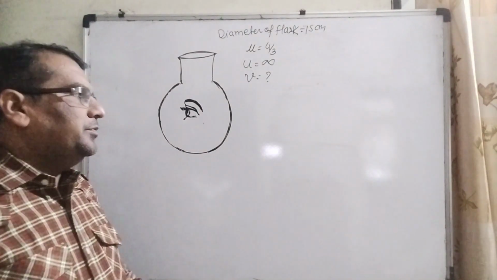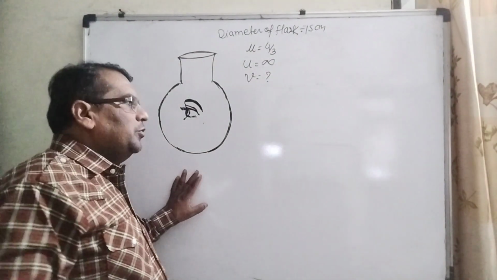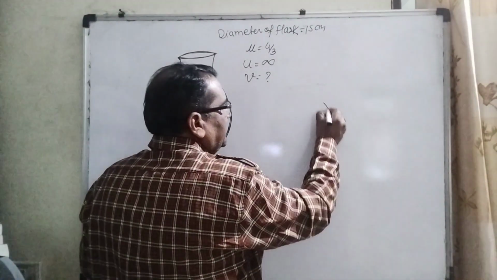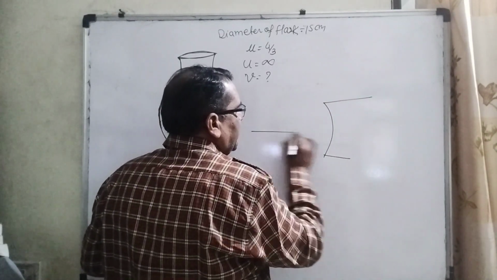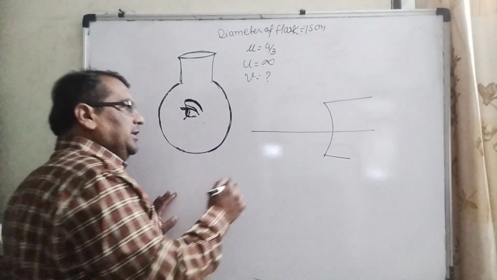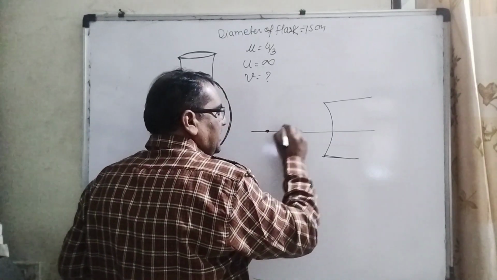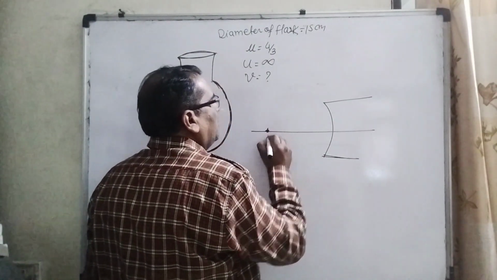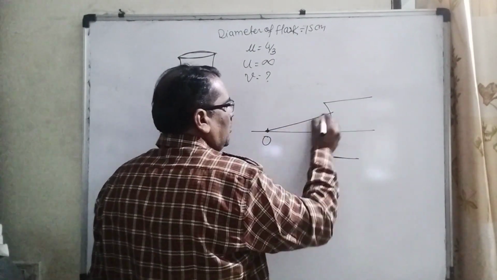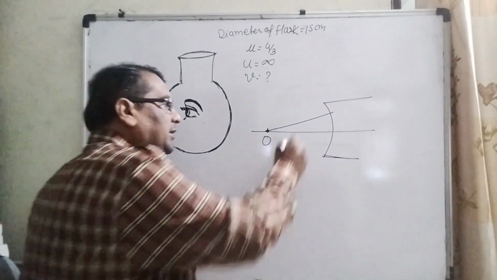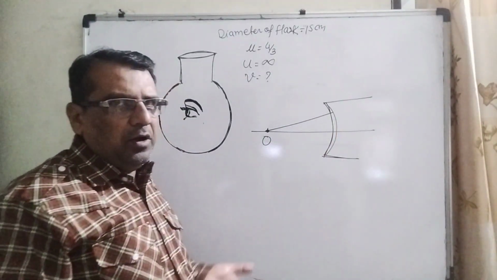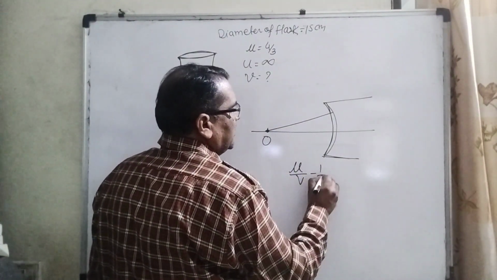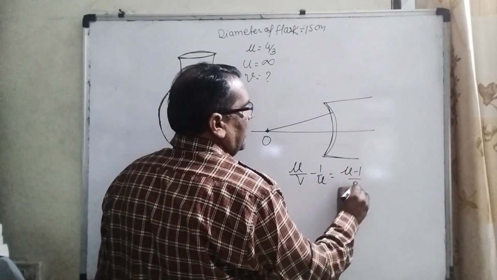Before starting the question, I would like to explain some formulas used for refraction through spherical surfaces. As you know, whenever an object is kept in a rarer medium and its rays pass from rarer to denser, the surface may be concave or convex, and you can use the formula mu by v minus 1 by u equals mu minus 1 by r.